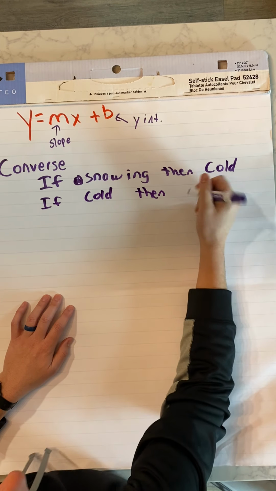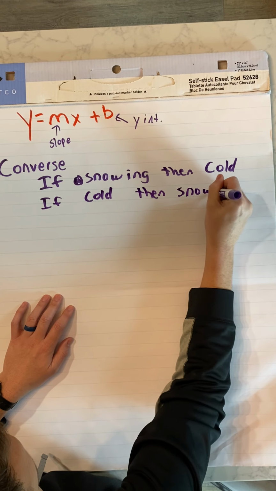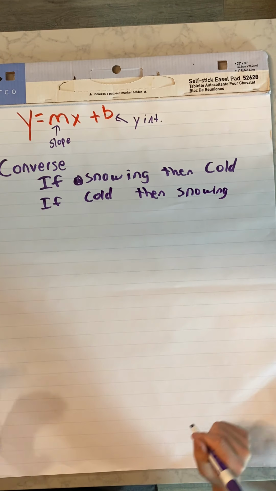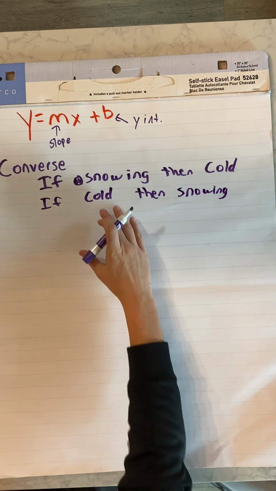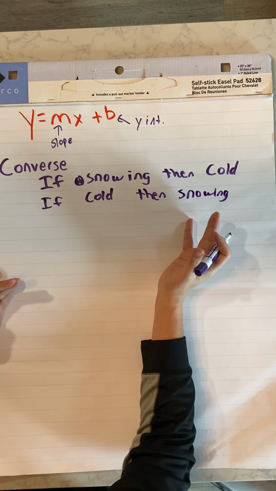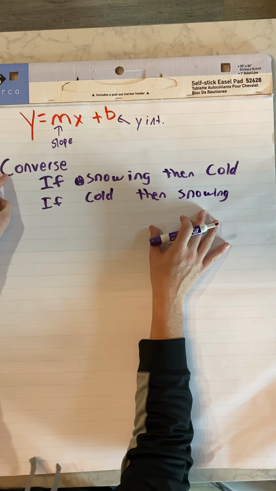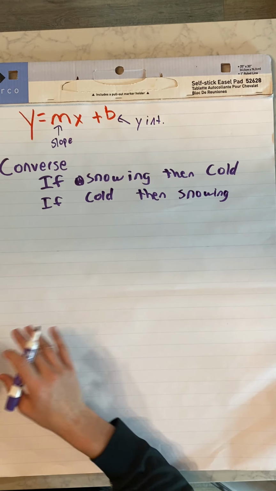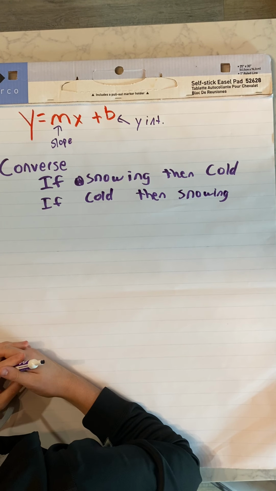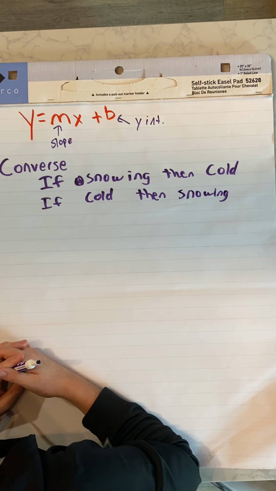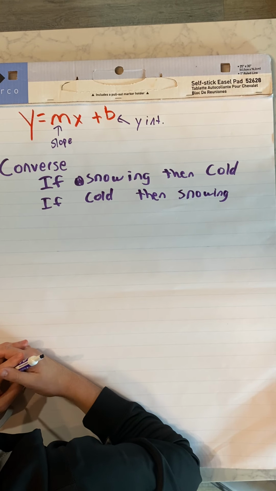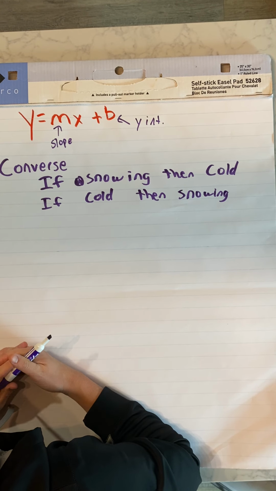If it's cold outside, then it's snowing. Is that true? No, because it could be 0 degrees and not snowing. So it could be cold but not snowing. So the converse is this. I'm going to read you what it says. The converse of a statement interchanges the hypothesis and the conclusion. The converse is not necessarily true.